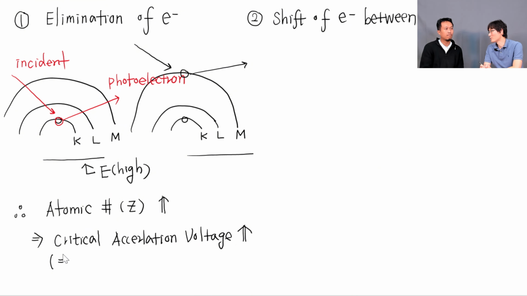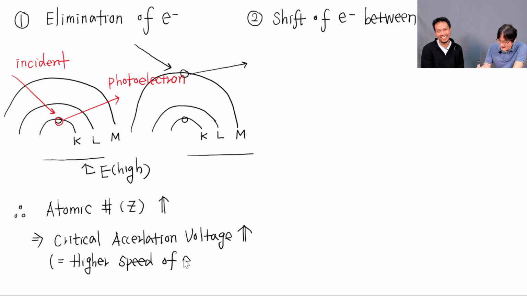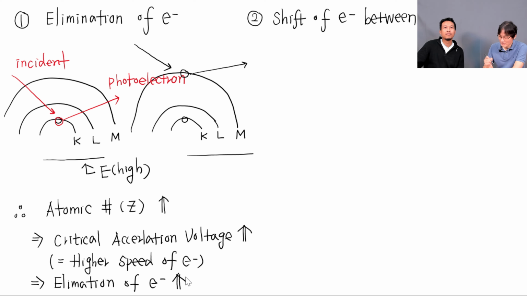What about the speed of the electron? Surely you need a higher speed of electron, but surely it cannot exceed the speed of light. And then eventually, elimination of electron has a high possibility.